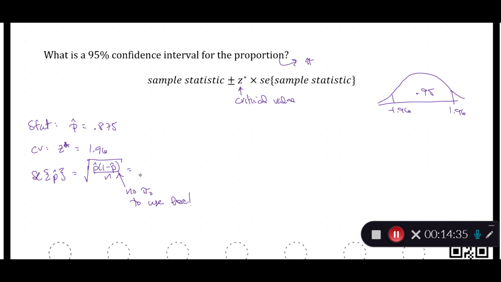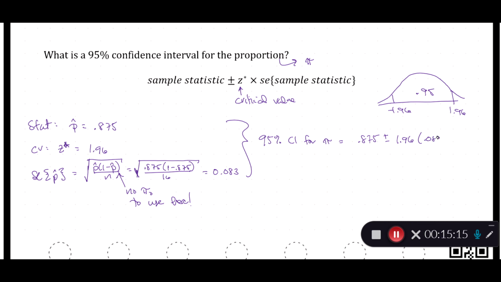For my standard error, I plug in my p-hat, so I'm going to have 0.875 times 1 minus 0.875 divided by 16. I take the square root of that whole ratio, and I end up with a standard error of 0.083. I can take all these three things together, my sample statistic, my critical value, my standard error, and my 95% confidence interval for the true proportion pi is going to be 0.875 plus or minus 1.96 times 0.083.